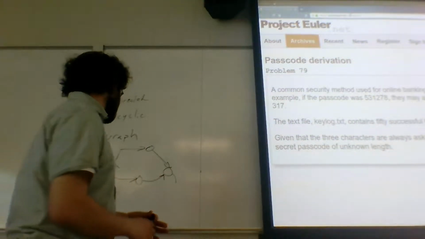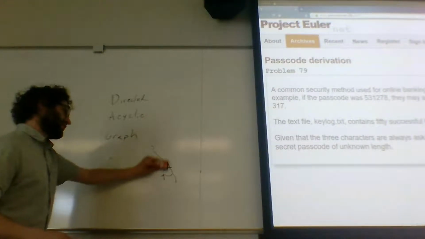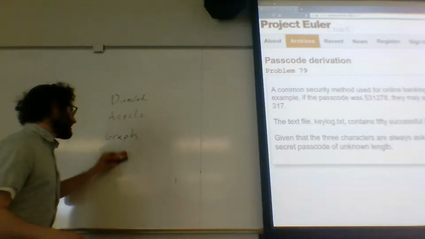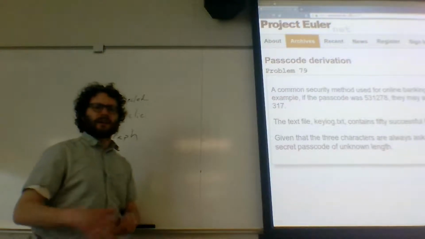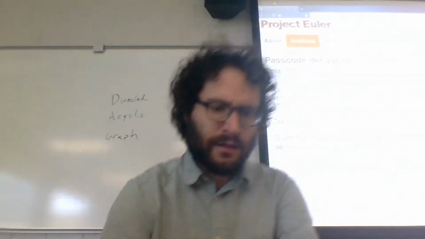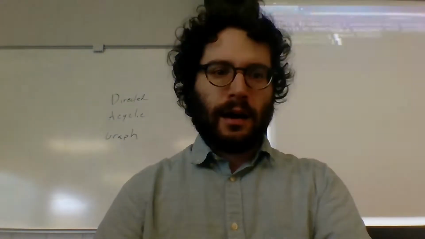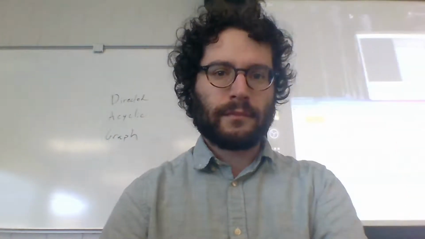Now, another thing you can do with directed acyclic graphs, let's see, another thing is like GitHub uses dependency actually, let me show you guys a pretty good example of this. So I'm using a, let's see.